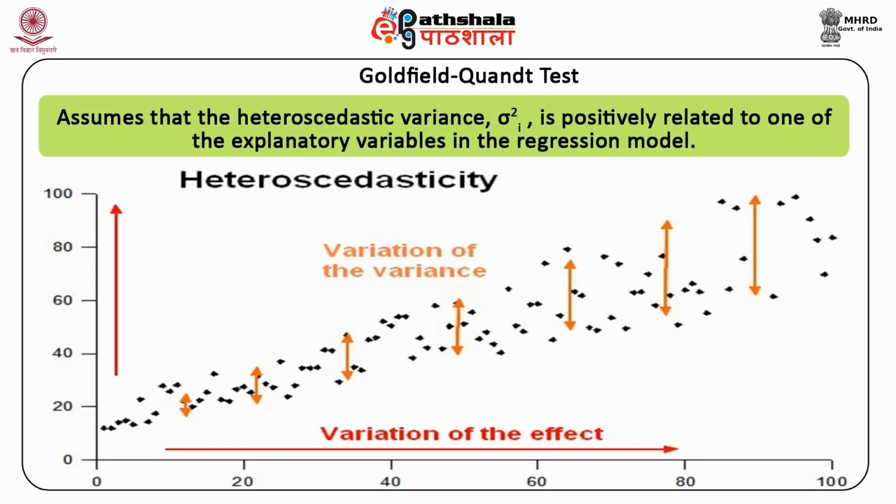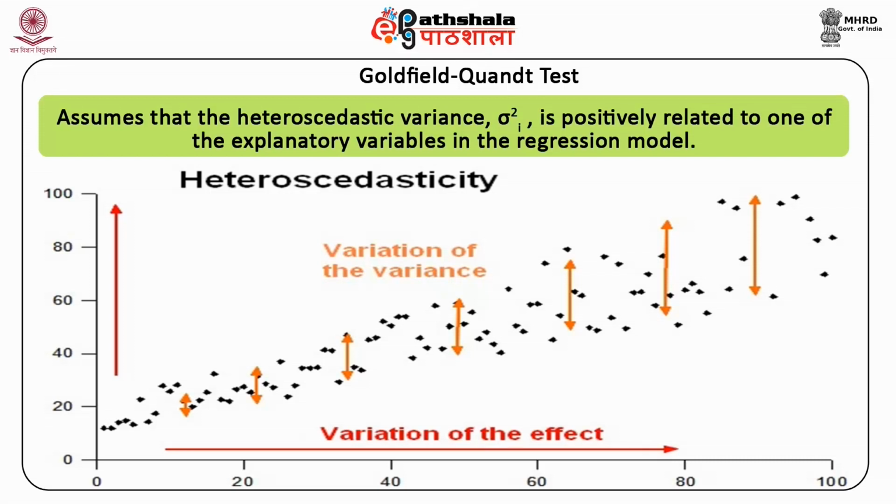For simplicity, consider the usual two-variable model. yi is equal to beta 1 plus beta 2 xi plus ui. Now suppose sigma i square is positively related to xi. That is, sigma i square is equal to sigma square xi square, where sigma square is a constant. Then follow the below mentioned steps.